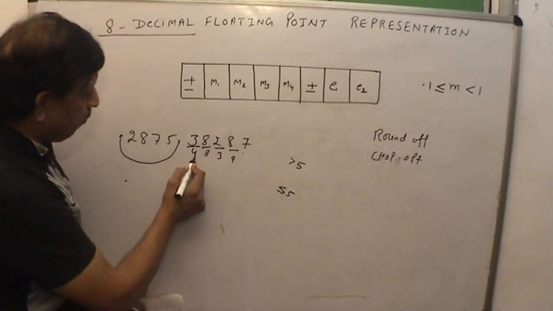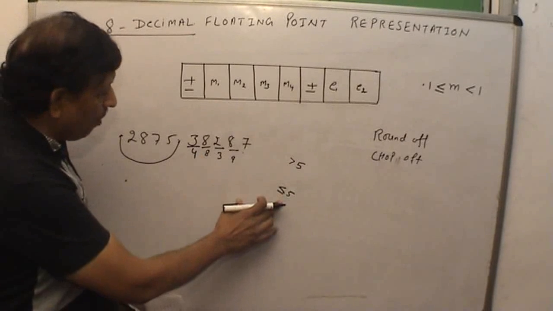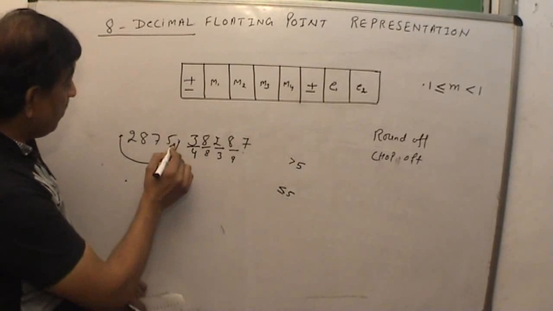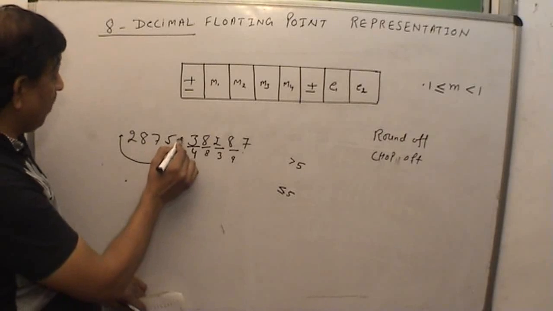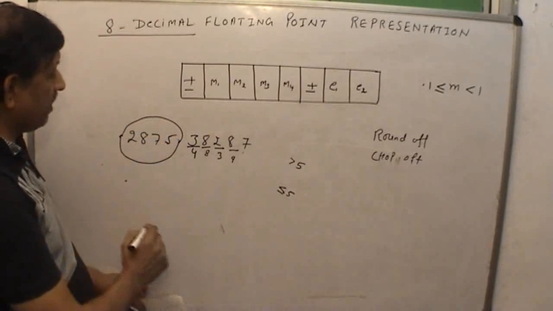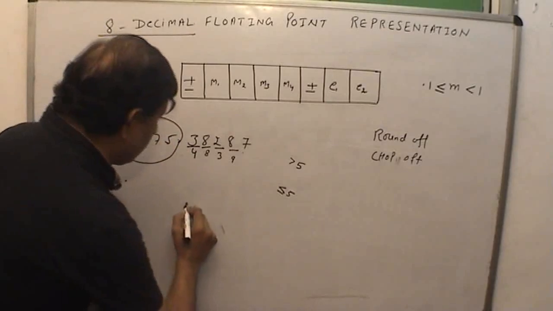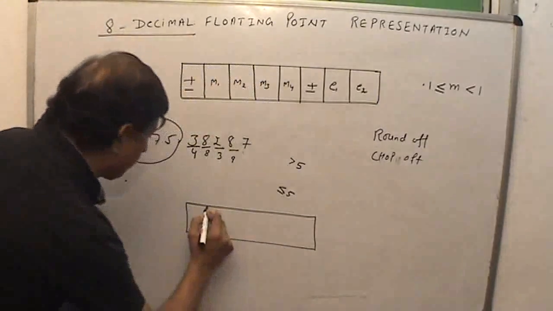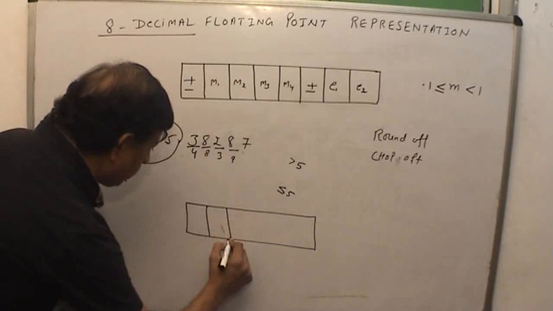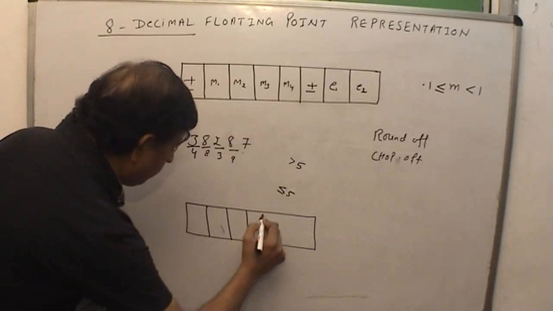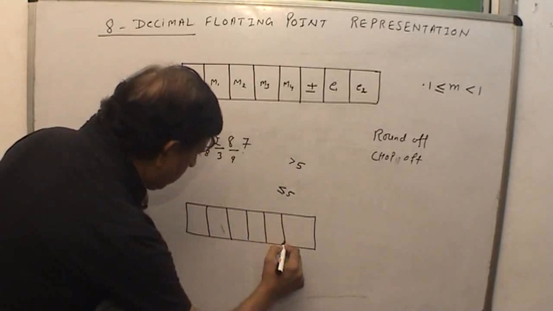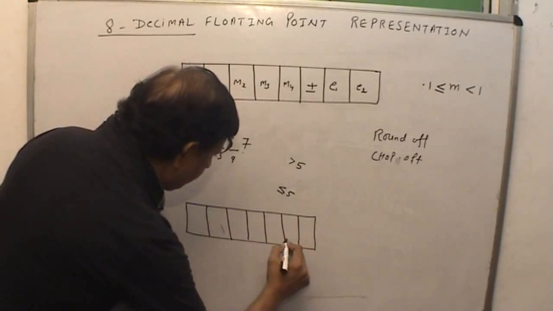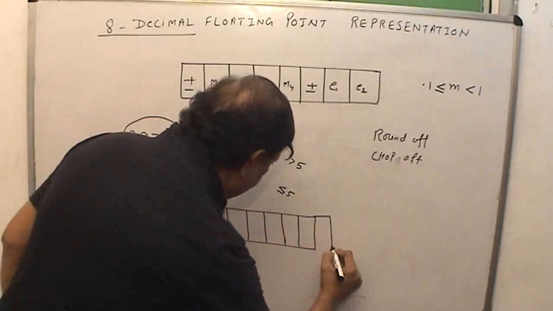Now this 4 is less than or equal to 5, so we keep this 5 as 5. Now here are the 4 mantissa digits. We can represent this number in the 8 decimal floating presentation: 1, 2, 3, 4, 5, 6, 7 and 8.